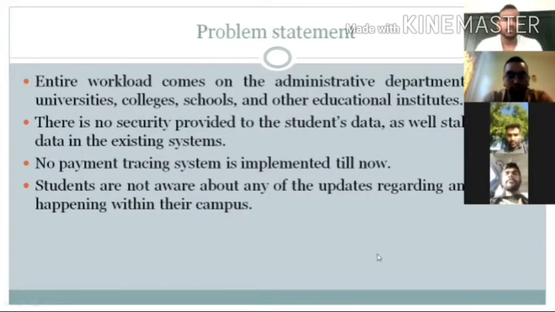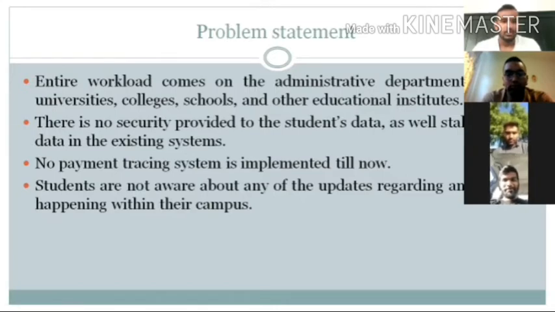Here is the problem statement. The entire workload comes on the administrative department of the university, college, school, and other educational institutes. There is no security provided to the students' data as well as stakeholders' data in existing systems. No payment trace system is implemented till now.